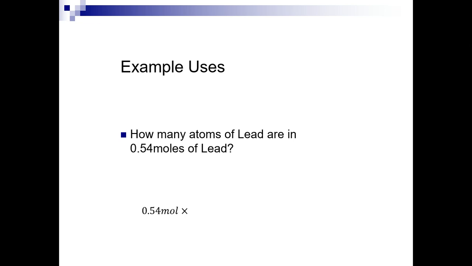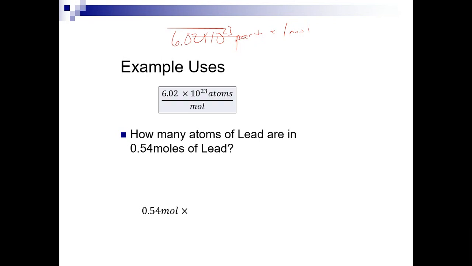We'll start with what's given, 0.54 moles of lead, and then we need to do a conversion. Since we know 6.02 times 10 to the 23rd particles equals 1 mole, we can do this in conversion factors, much like we did in the last dimensional analysis piece, where both are equal quantities and they go on different sides of the dividing line.